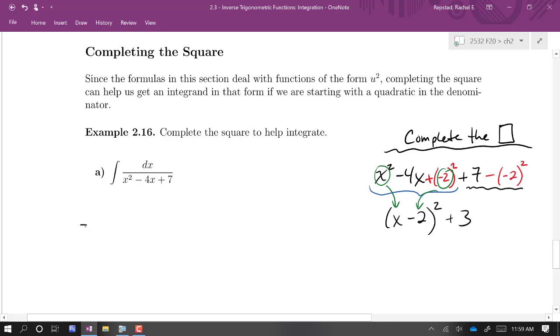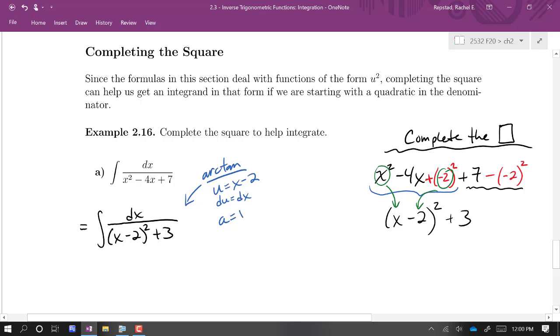I'm going to rewrite this integral now. I've got dx over x minus 2 squared plus 3. This now fits an arctan form. This is the arctan form where u is equal to x minus 2, du is just dx, and a is the square root of 3.